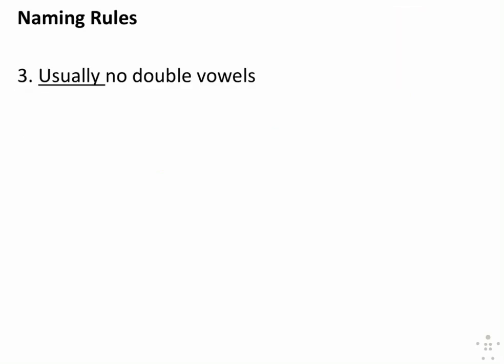Our third rule is that usually we don't have any double vowels. So for example, if we wanted to write the word monoxide, like in our previous example, if you just added the prefix to oxide, you end up with something like this. This is wrong.